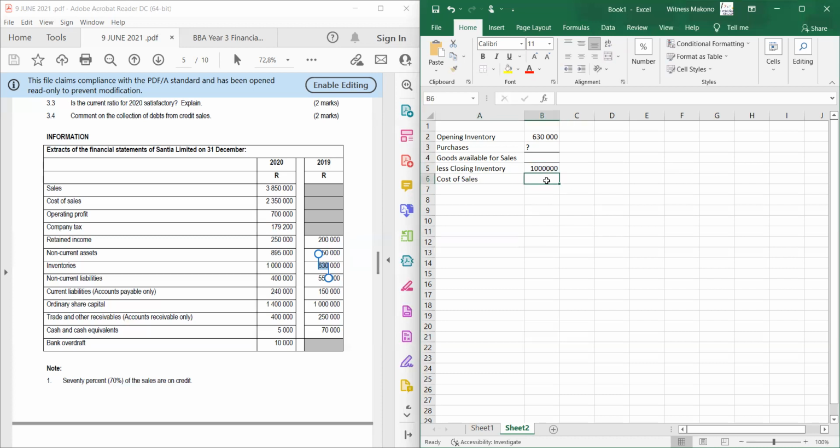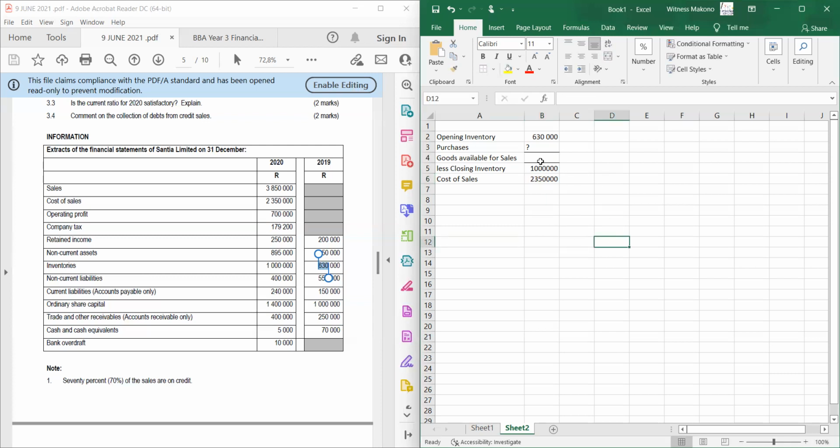If we deduct the opening and the closing, then we get cost of sales. If you say opening inventory plus your purchases, you get goods available for sale, and then you subtract your closing inventory, you find your cost of sales. And your cost of sales you have, which is 2,350. So you work backwards.